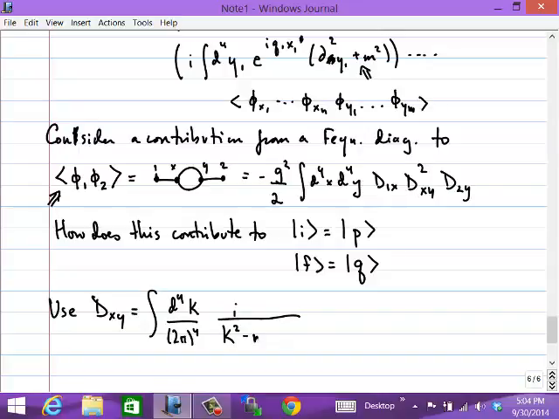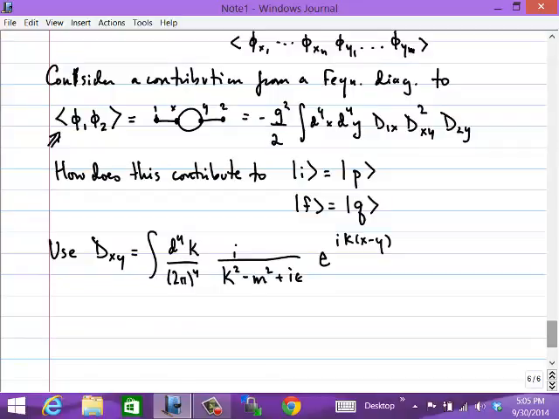So we have a 1/(k squared minus m squared plus i epsilon) times e to the i k (x minus y). Just for the sake of making my formulas a little bit shorter, I'm just going to suppress the i epsilon factors for now. Okay. And then let's just go ahead and write out what this contribution to the two-point function looks like using the expression for these four propagators in momentum space.